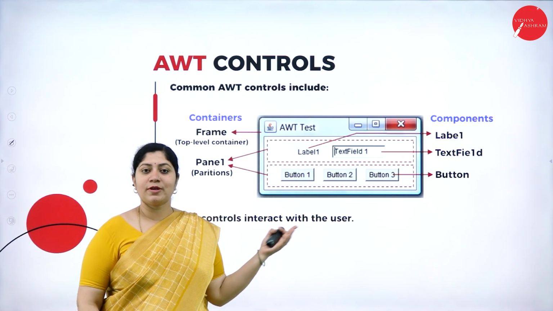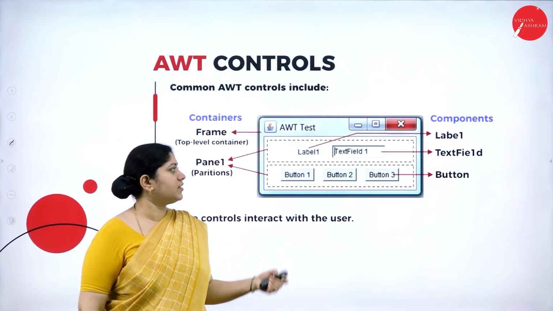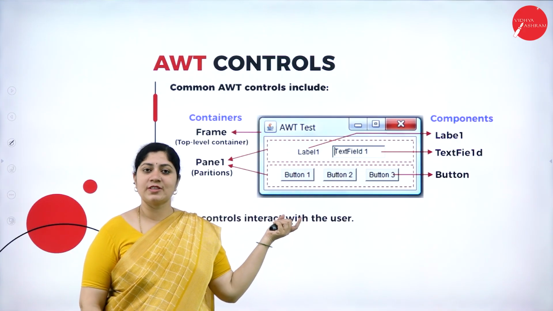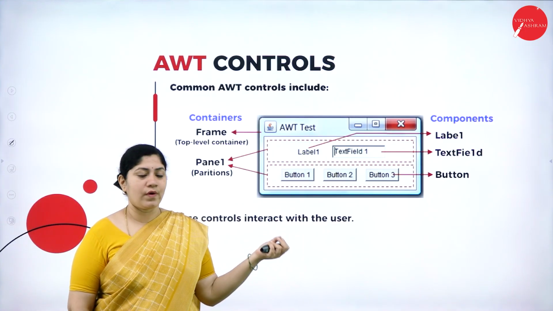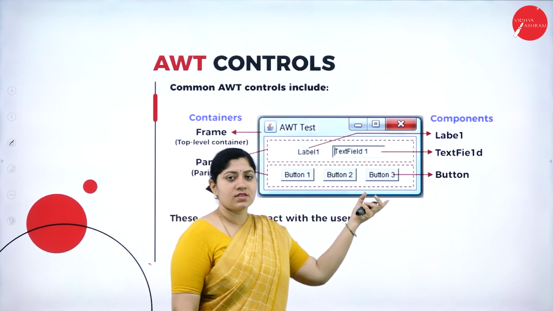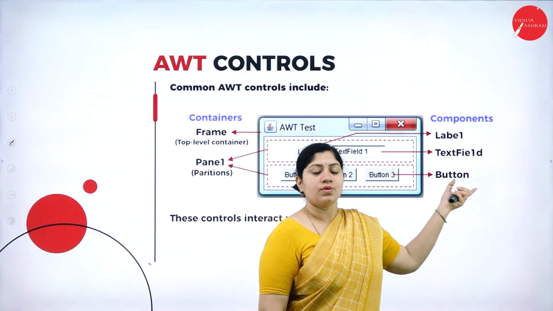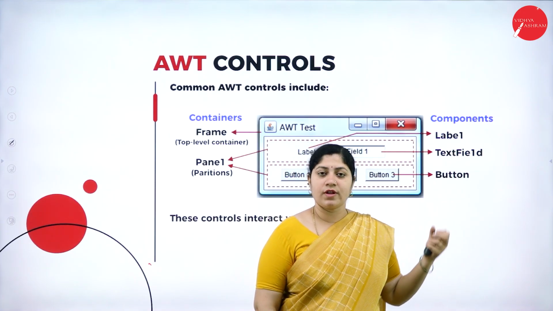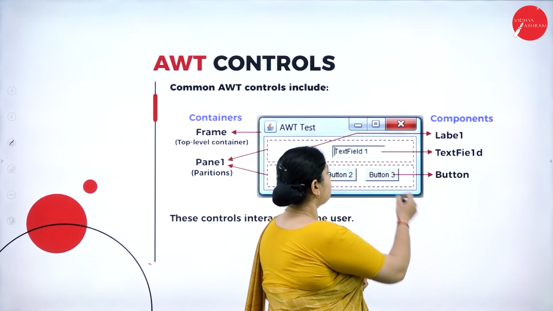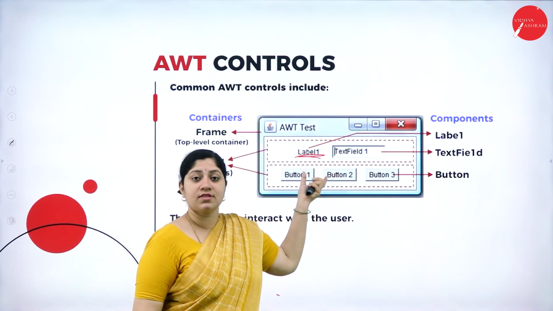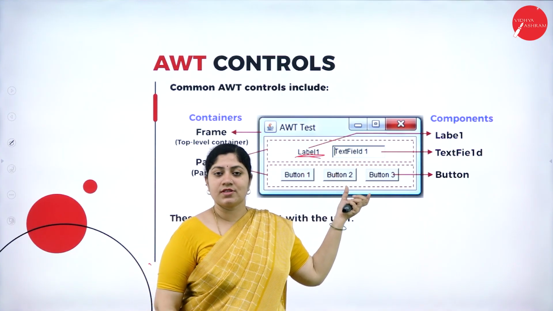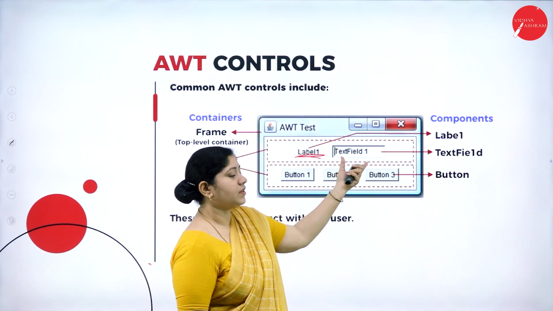Yes, this is with respect to AWT controls, and this small figure depicts the common AWT controls that we can include. Alright, so over here let's understand the components. The components can be anything according to our requirement, like a simple label. I'll be considering a label, correct? That is required because it says what it is, followed by a text field.